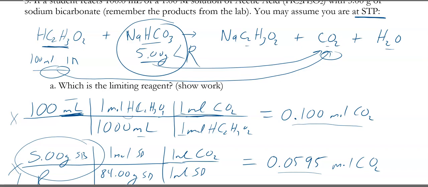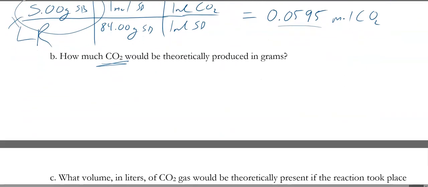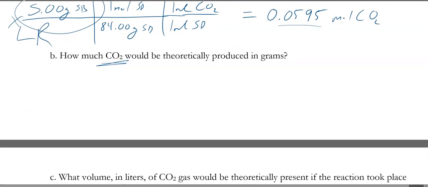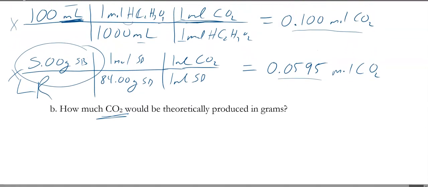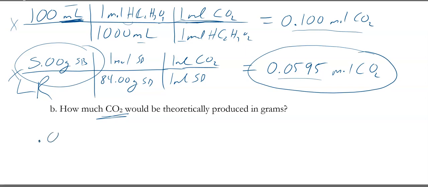All right, let's keep going. How much CO2 would theoretically be produced in grams? Well, if we already went to moles of CO2 up here, all we have to do is convert that to grams. So we know the limiting reactant will produce 0.0595 moles of CO2.